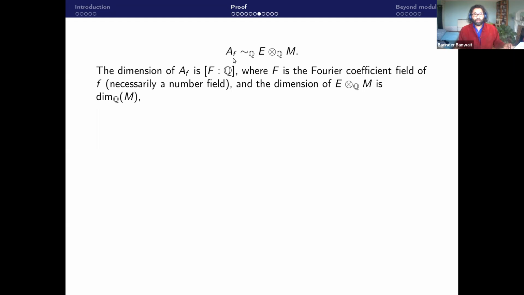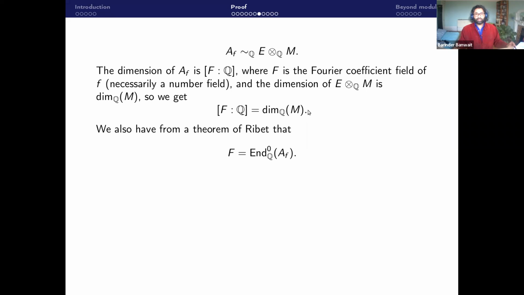And on the other hand, we know that the dimension of these abelian varieties associated to F is equal to the degree of the field extension of the Fourier coefficient field of F. Since F is a newform, the Fourier coefficients will generate a number field. That's not an obvious fact. You have to work to get that. And so the degree of that over Q is the same as the dimension of A_F. And so therefore we get this equality: the dimension of the representation is equal to the degree of this Hecke coefficient field.